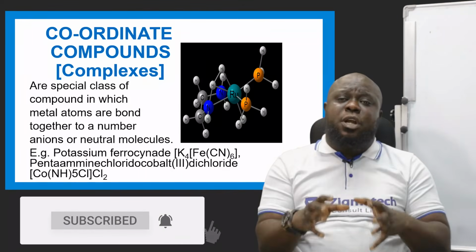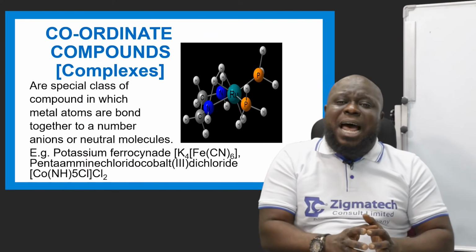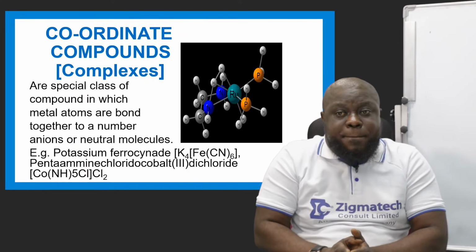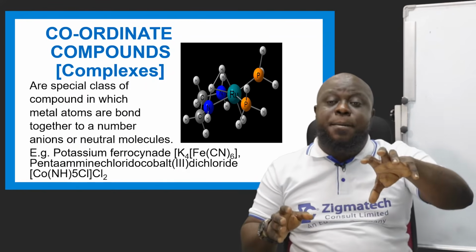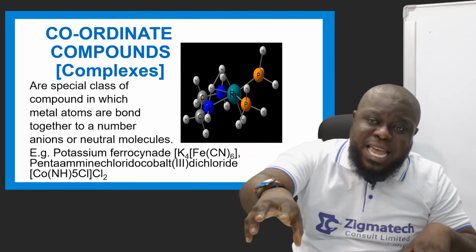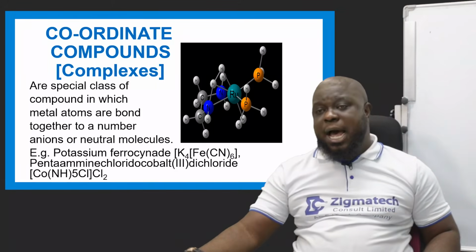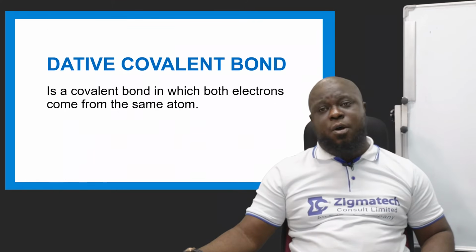So the formation of a coordinate compound is between a metal atom, which is positive, and a neutral molecule. The positively charged atom reacts with the neutral molecule to form a compound, and that compound is called a coordinate compound or complex.